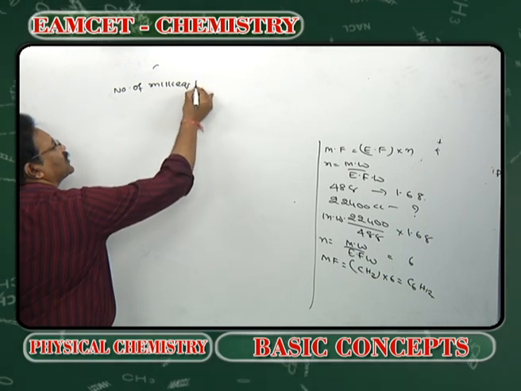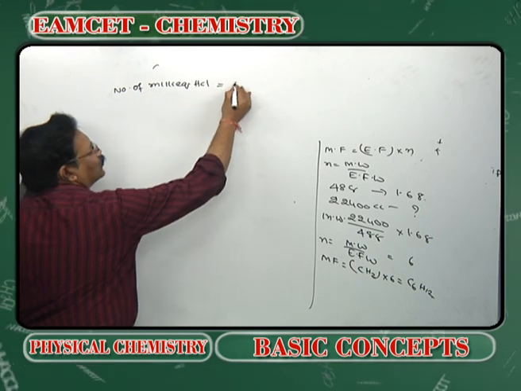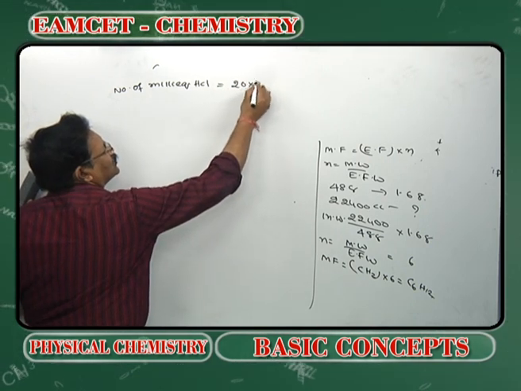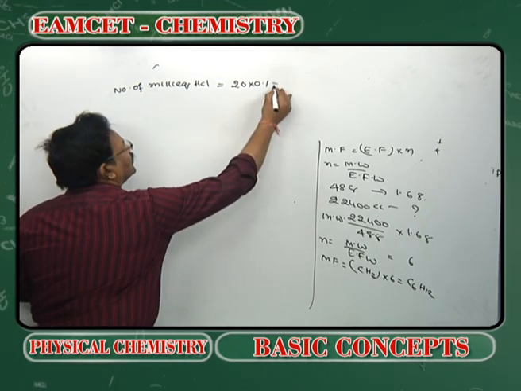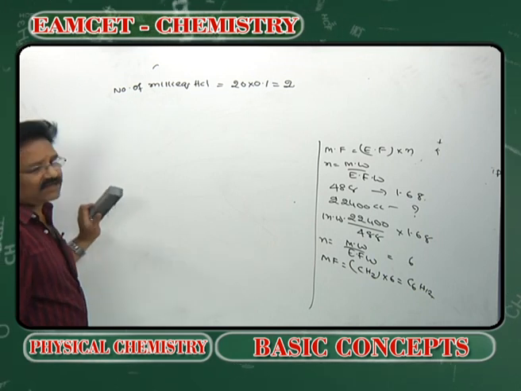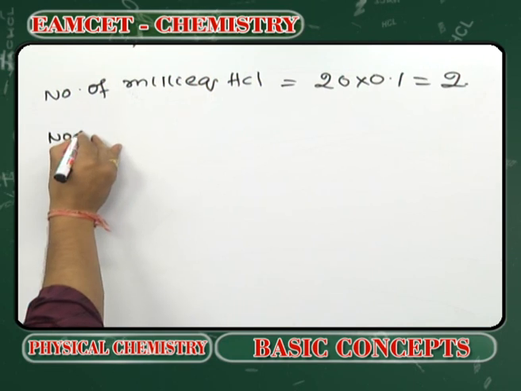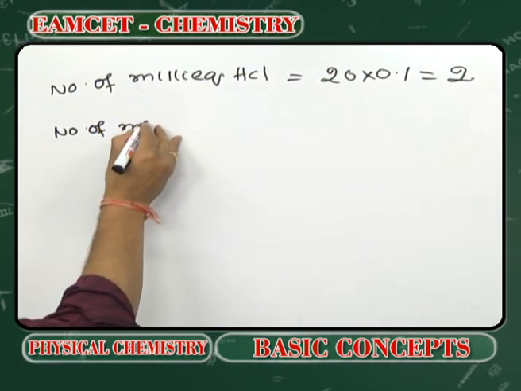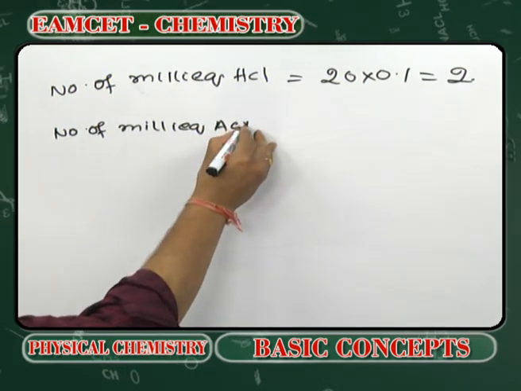Total number of milliequivalents of HCl taken is equal to 20 into 0.1. 2 milliequivalents of HCl are taken. Now, what is the number of milliequivalents of AgNO3 taken?